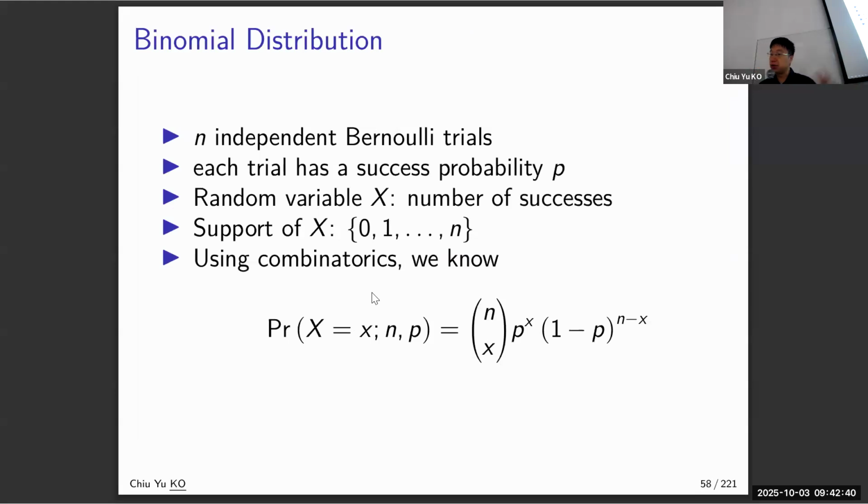And after that, we talk about the binomial distribution, which says you repeat the binomial trial n times, and each time is independent. And I hope I remind you why we have nCx, and p^x (1 minus p)^(n minus x), right?